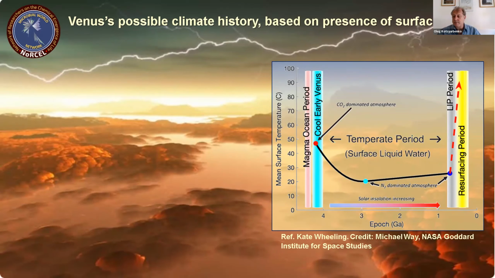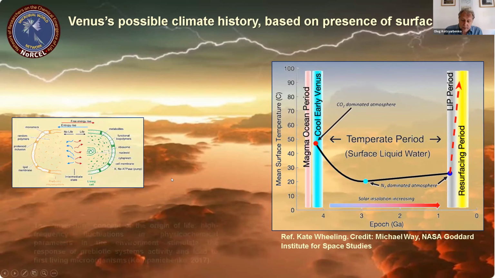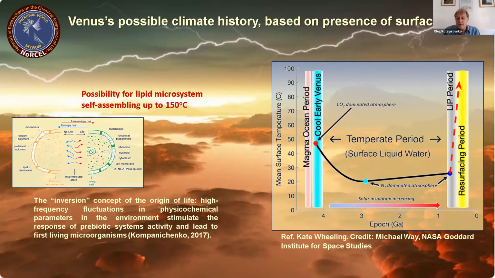Life could, for example, in this case, originate according to the inversion hypothesis, since even if temperature on the surface of Venus was higher than that on the surface of ancient Earth, it could be quite suitable for feasibility of all the processes of self-assembly of different complex molecules. So this is the concept, the theory, which is similar to that for the biochemical concept of emergence of origin on Earth.